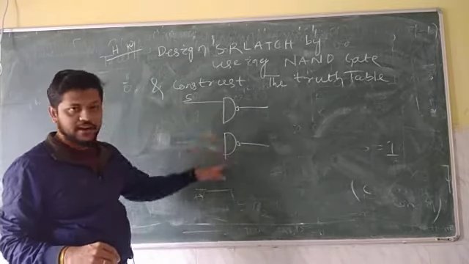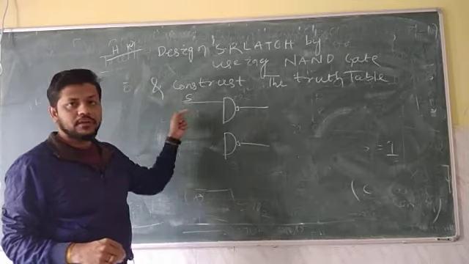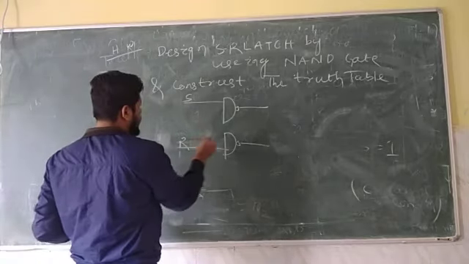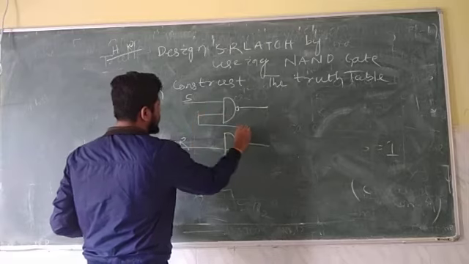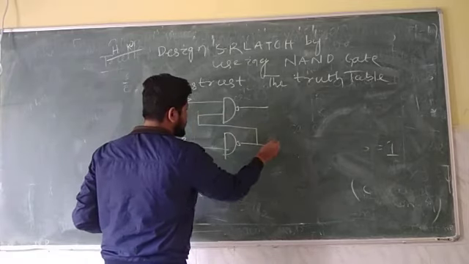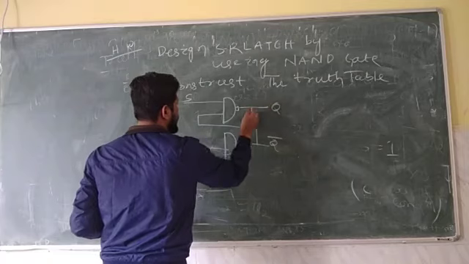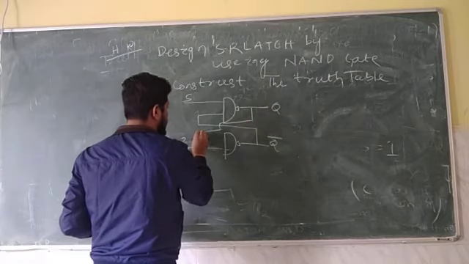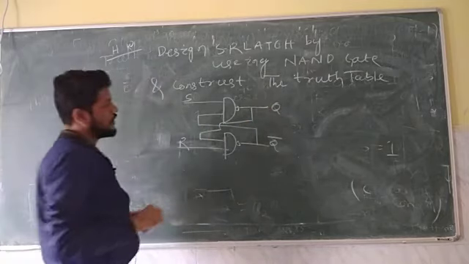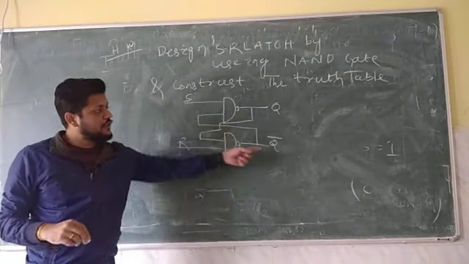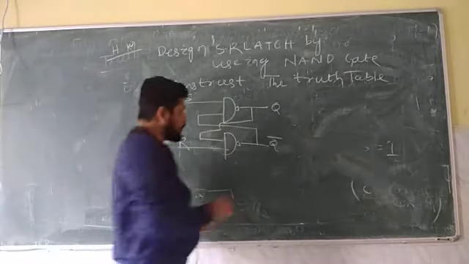Here we have two NAND gates. To your first NAND gate S will be connected, and here we will have R. Then we have the same Q bar. This is your Q. Now we have S, R, and we have Q and Q bar. So try to prove this.